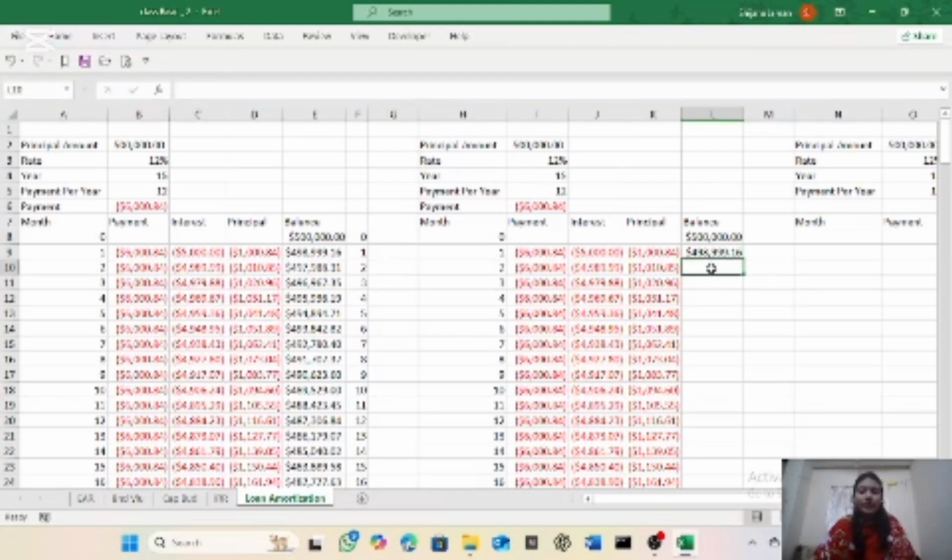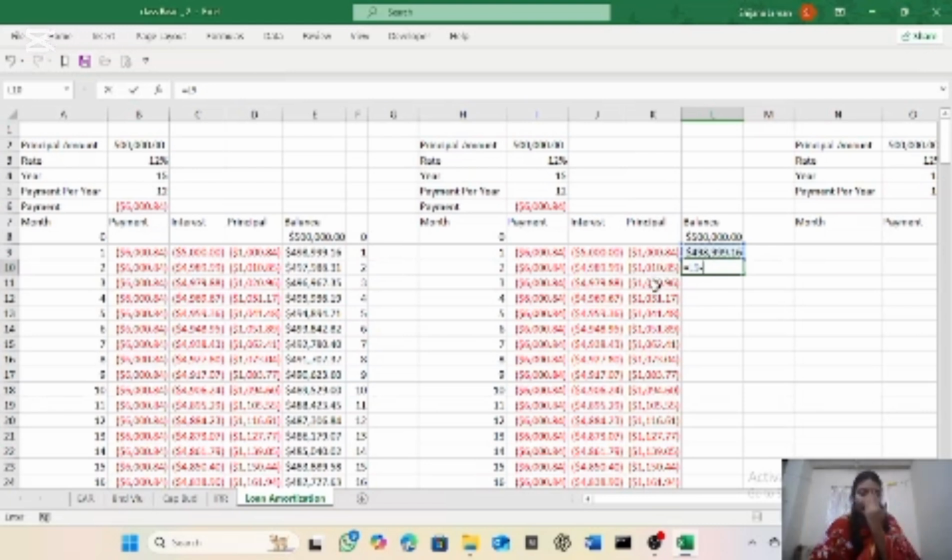So for calculating the second month's ending balance, we deduct from our ending balance of the first month. Our present value is this first month ending balance minus our second value.